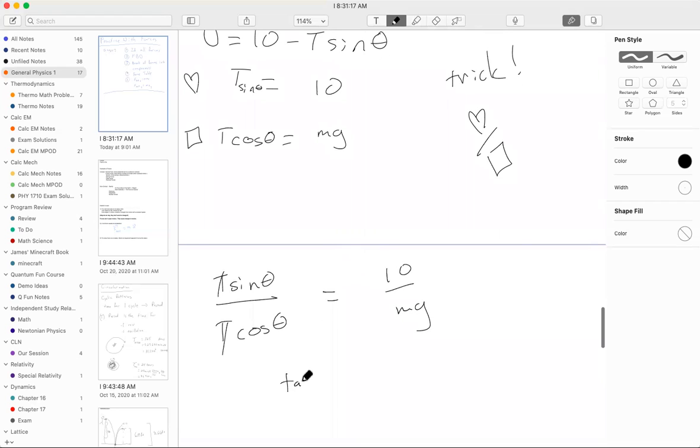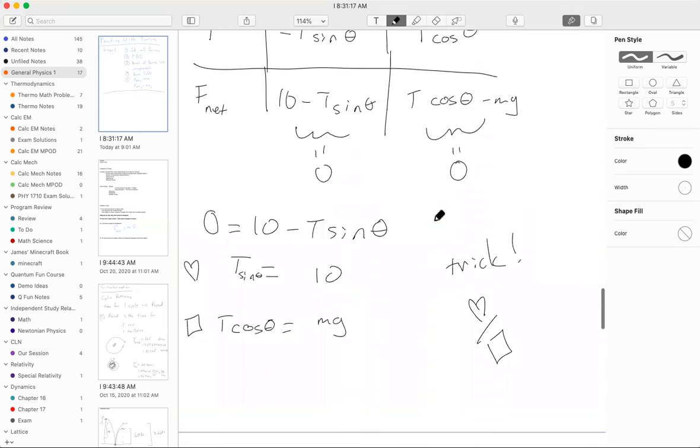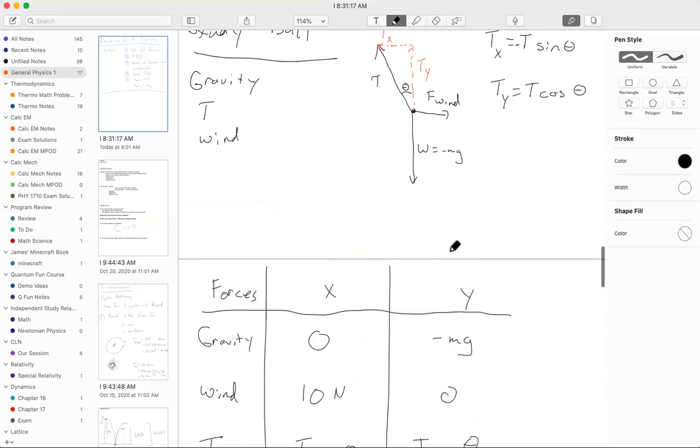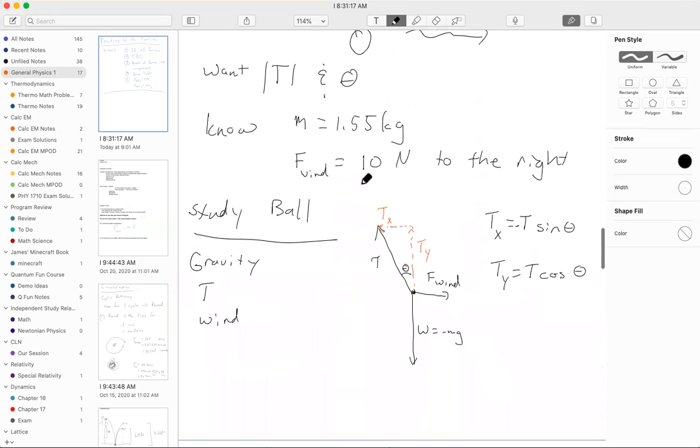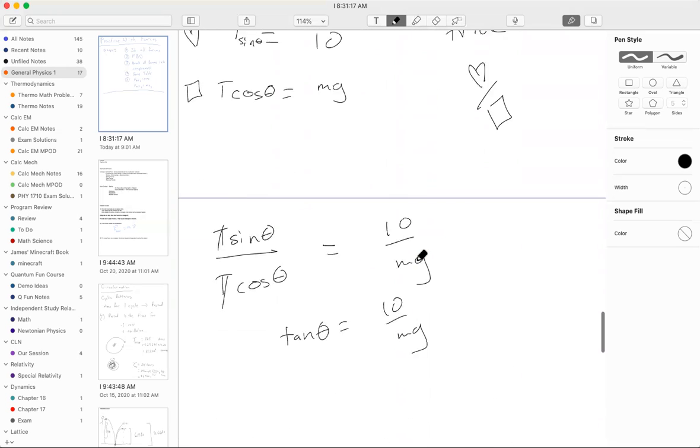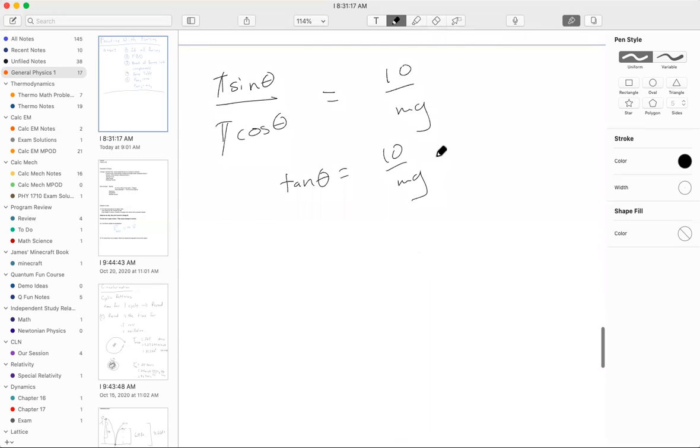And so we'd say tan theta is 10 over mg. And plugging in my numbers here, remember the mass was 1.55. Plugging it all in, taking the inverse tangent, I'm getting theta is 33.3 degrees.